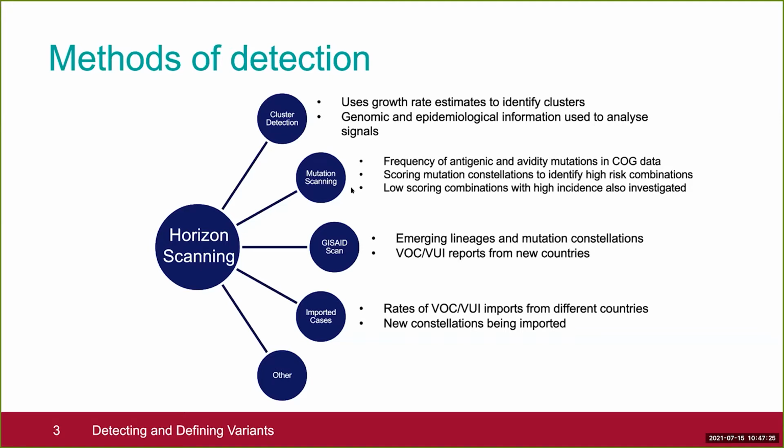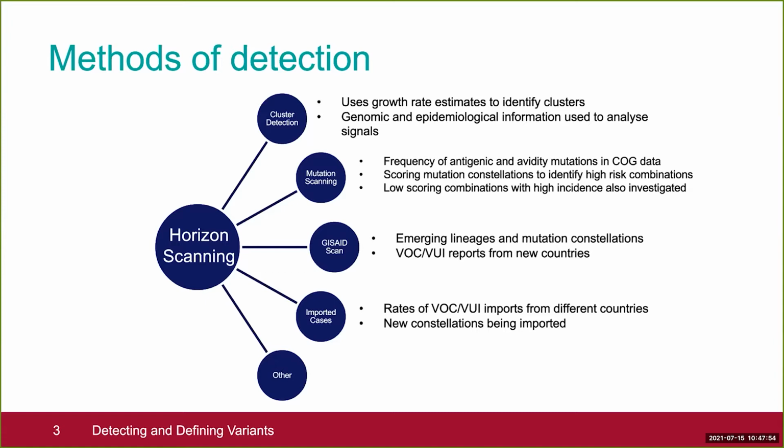The next thing is mutation scanning. We do this in a few different ways, but essentially we're looking at things that we know or suspect have either an antigenic or avidity impact, things like E484K, 501Y, mutations you've probably come across with the various variants we've already declared.